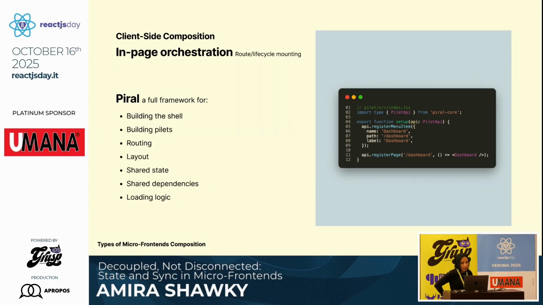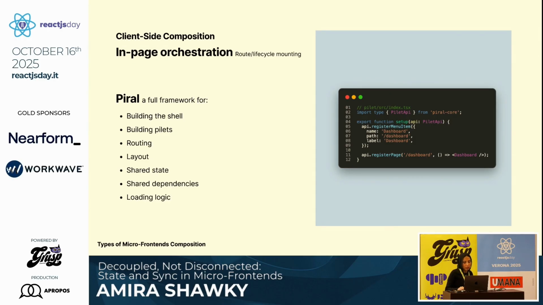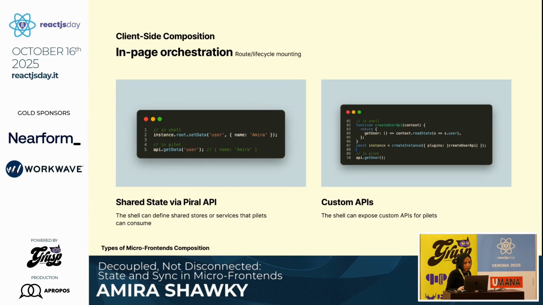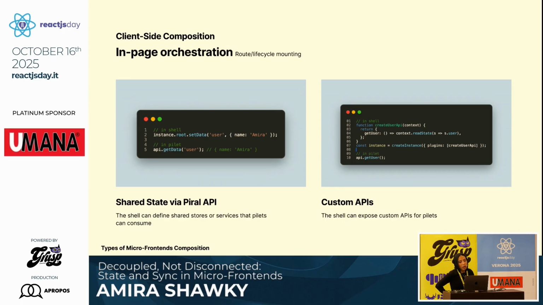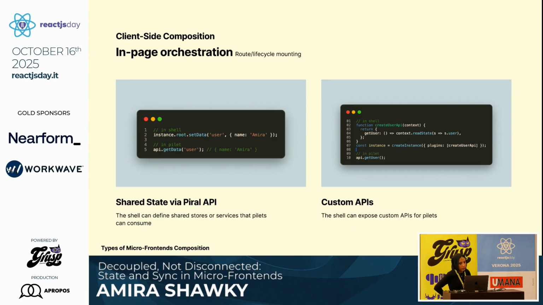Each pilet is an independently built and deployed module that registers routes, menu items, components, or even feature flags into the shell at runtime, just like this example. We can build and publish this pilet as a bundle using ES modules, and Piral dynamically downloads and integrates it. When using Piral, we can share state using the shared state that Piral provides via the Piral API, where the shell defines the shared store or service that pilets can consume.